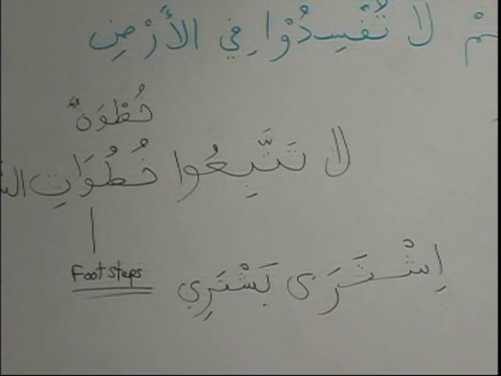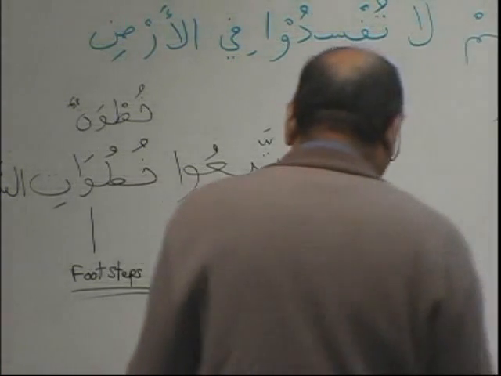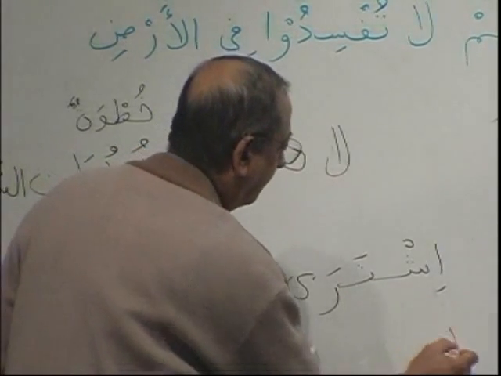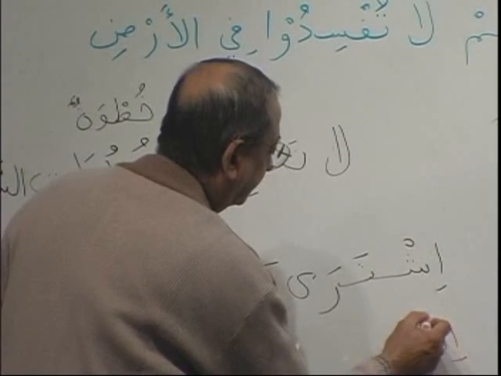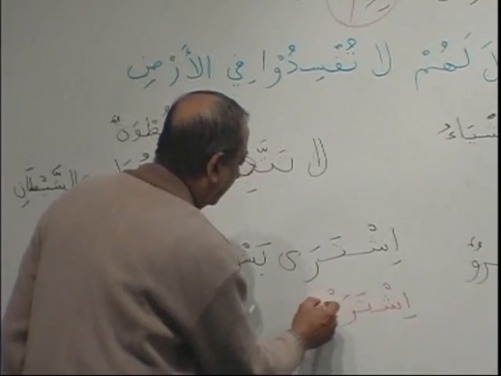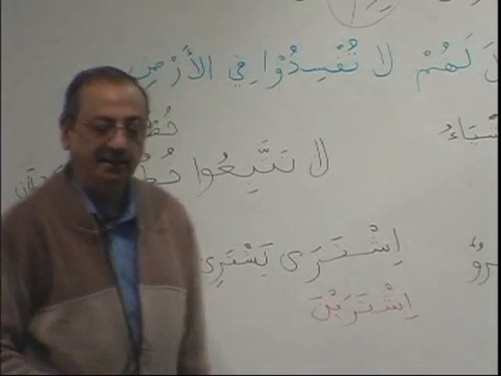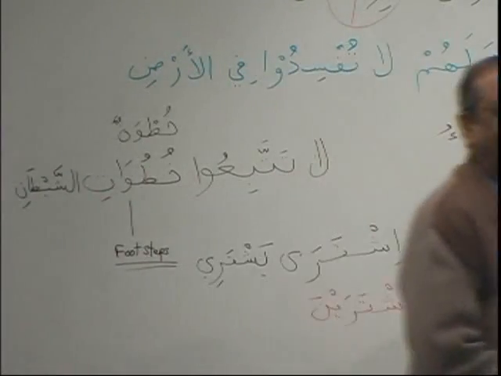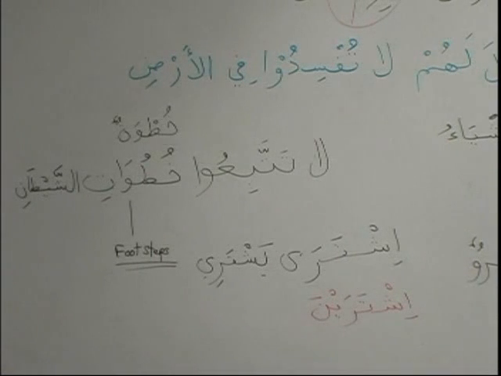Ishtara, if you put nun niswa there, what will happen? Ishtarayna. Are you with me? As soon as you put nun niswa there, it will become Ishtarayna. And then we can conjugate. Now, Yashtari, brothers and sisters, is your mudari'.